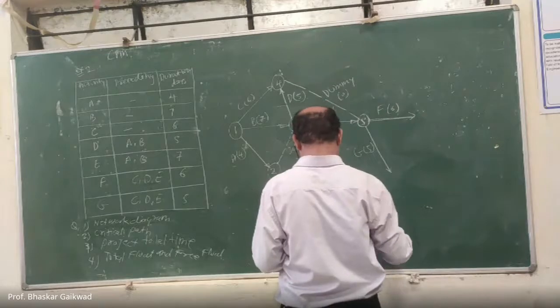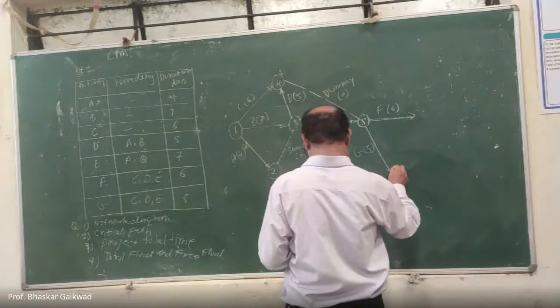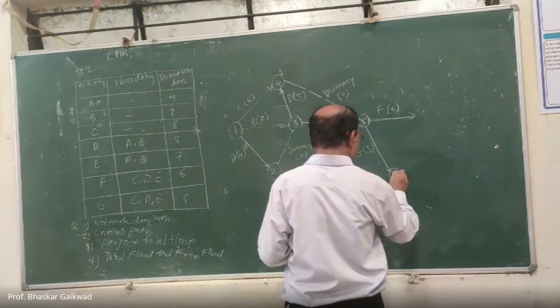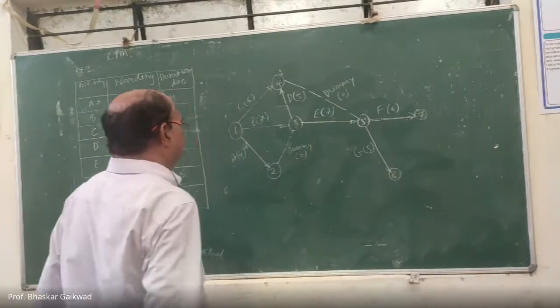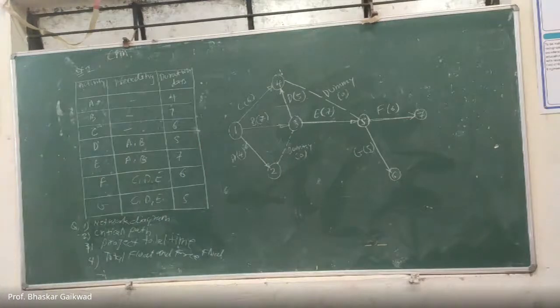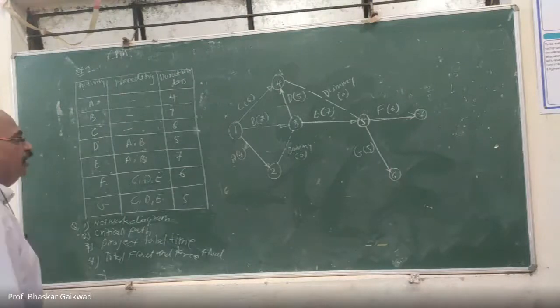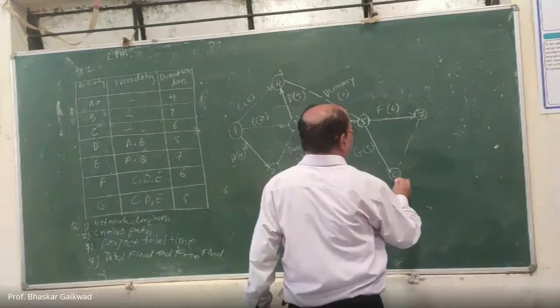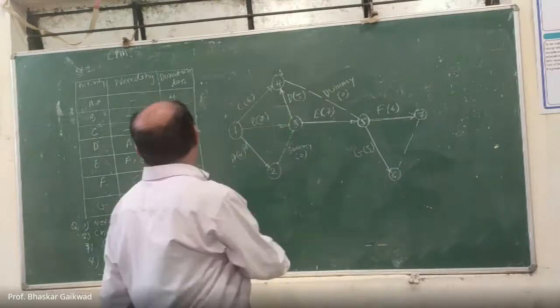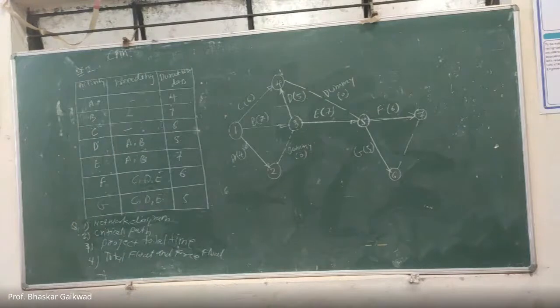Now here are the nodes. We can write node 6, and here node 7. G, F, F, G. Correct. So 6, and we have to join this once again with a dummy activity. So this is your network.